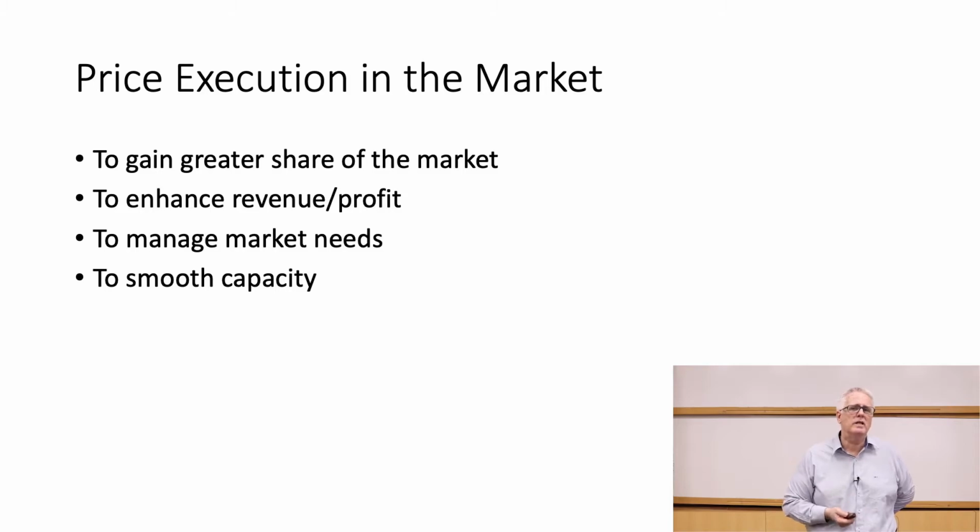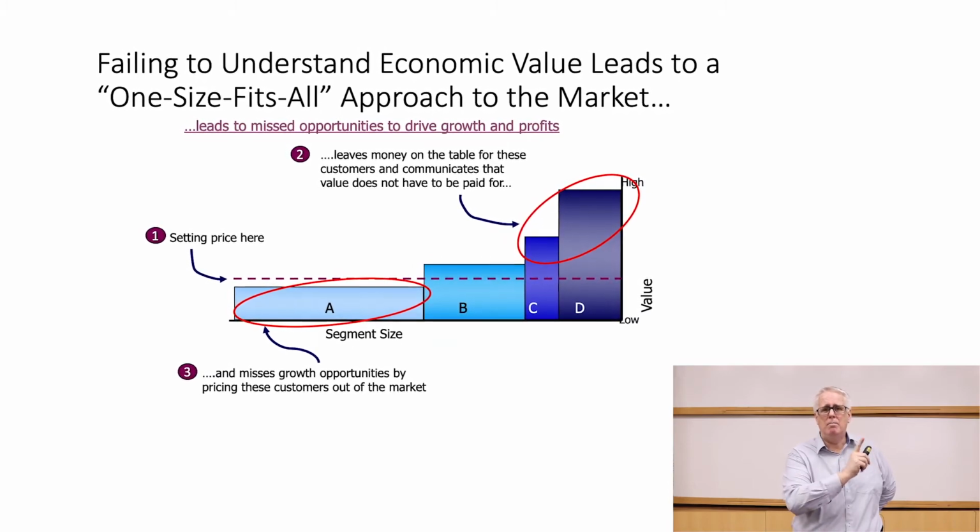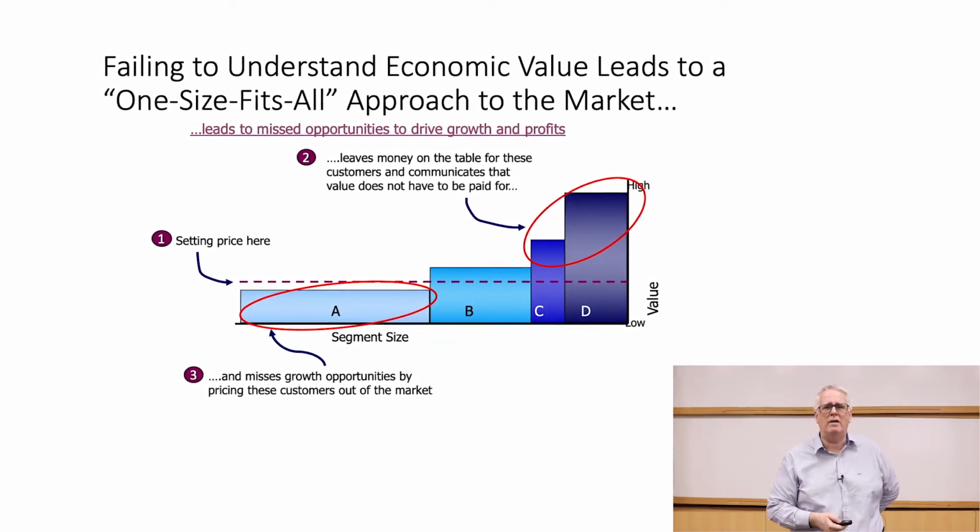Now, generally, we're doing this for a couple of reasons. Sometimes we want to gain a greater market share. So what we do is we adapt our price or we discriminate with the idea of gaining more market share. I want to make sure that C, D, B, and A are all buying from me.